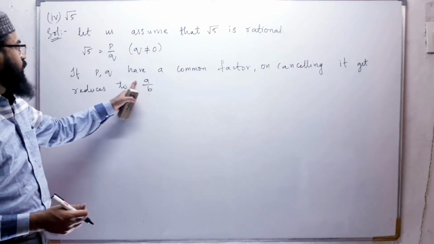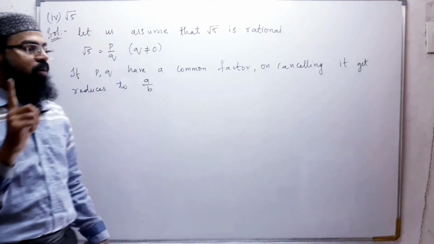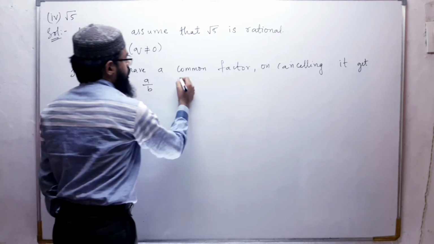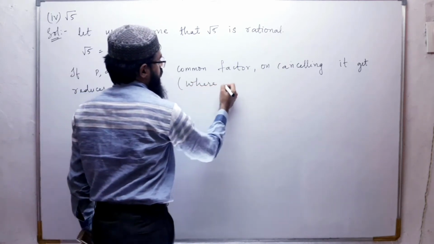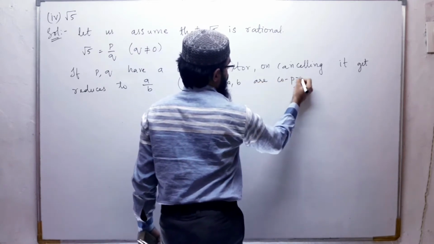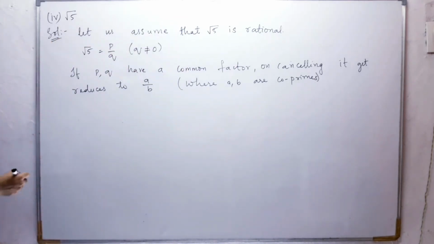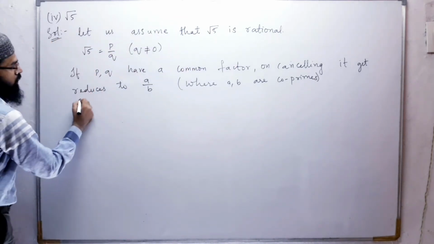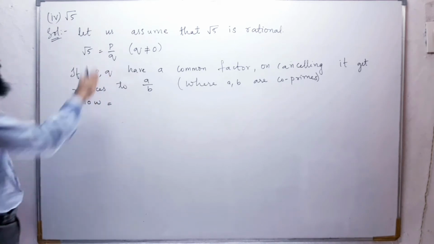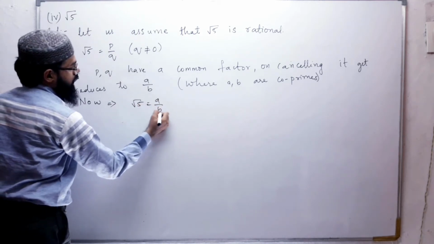So 2 and 3 have 1 as a common factor, that's why they are coprimes. Here a comma b are coprimes. Now p by q becomes a by b after cancellation. So root 5 is equal to a by b.